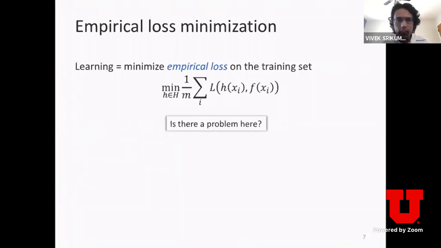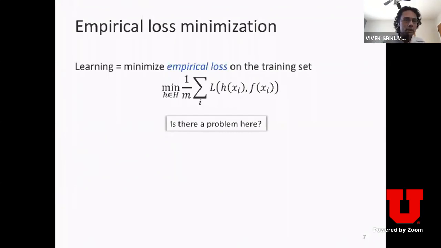You could easily find a classifier. Let me give you a classifier that gets perfect accuracy or 0 loss on the training set. What you do is put the entire training set into a database, and when a new example comes in, if it comes from the training set, I will look up that example in the database and return the label. If it does not show up in the database, I'll just return a random label.